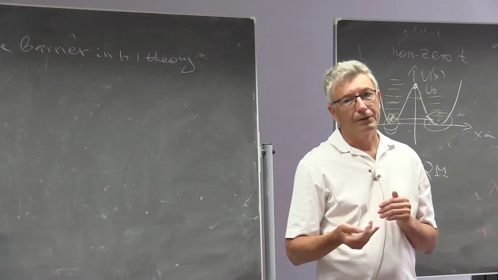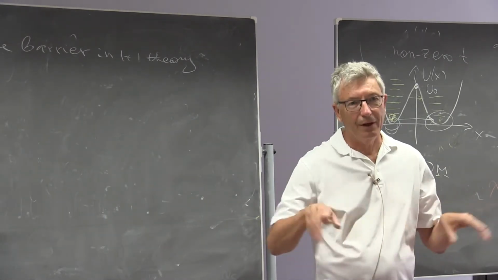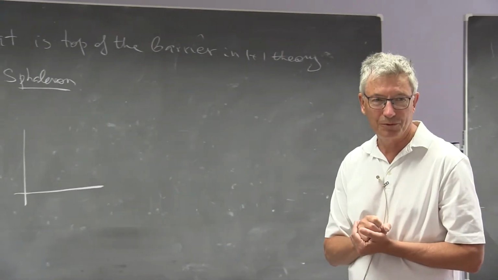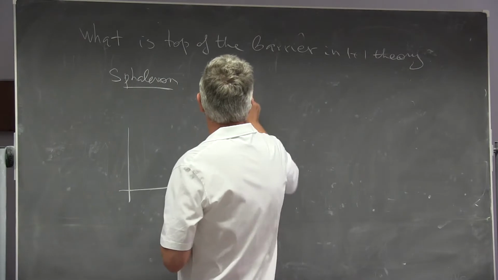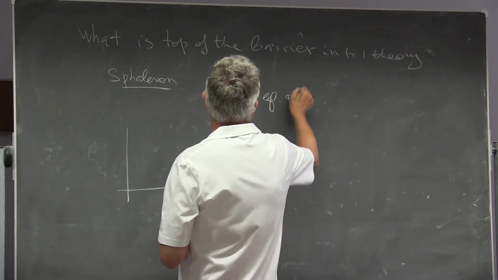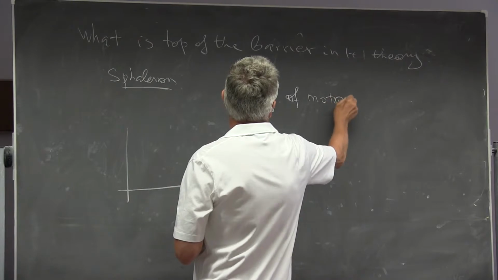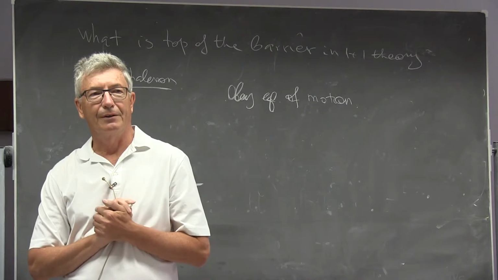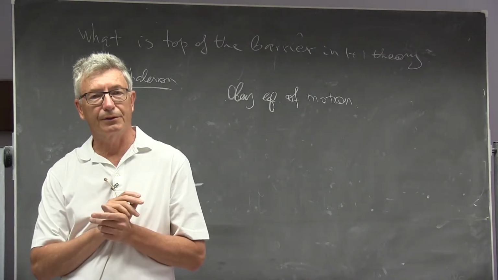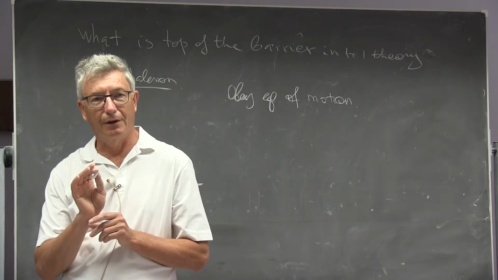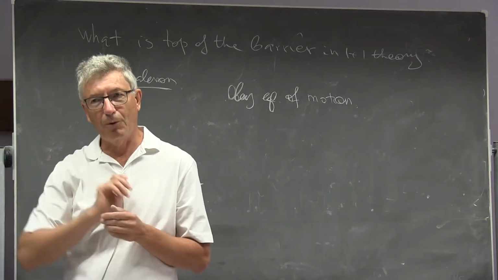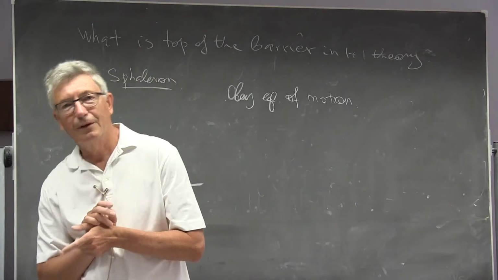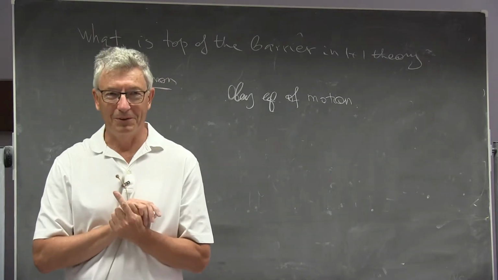So once you are talking about some minimal in field theory, then this minimal should obey equations of motion. Okay? But the configuration which corresponds to the sphaleron, to the top of the barrier, should be a solution to the equation of motion which has one negative mode.